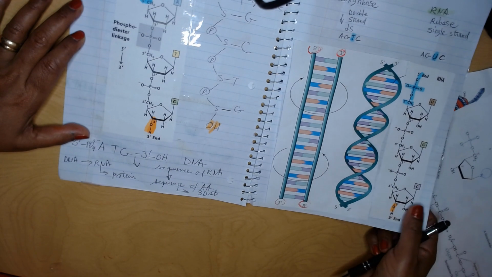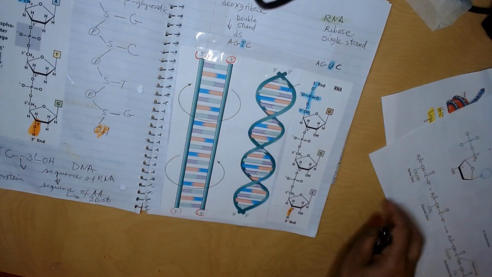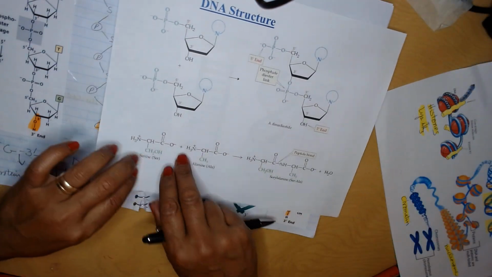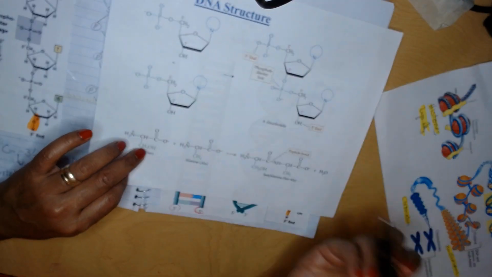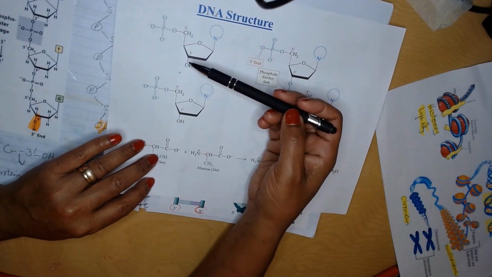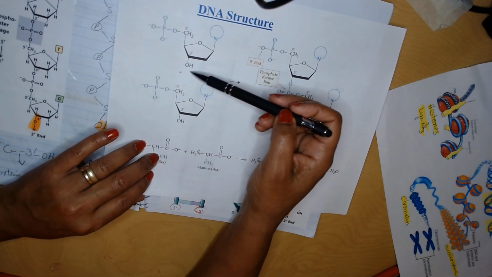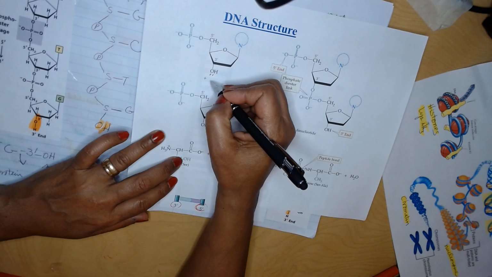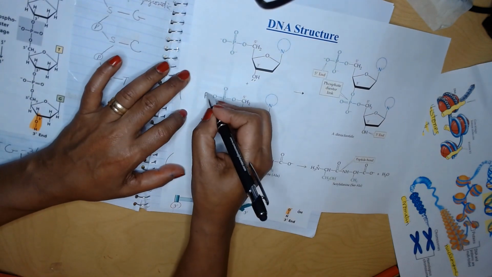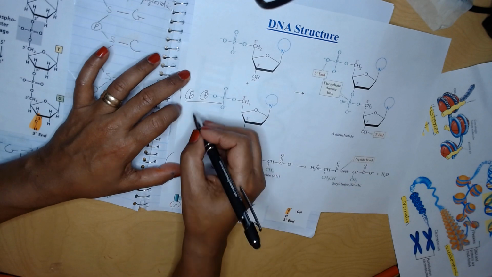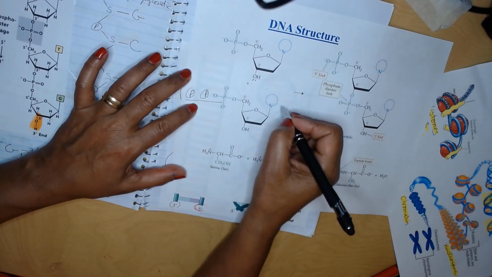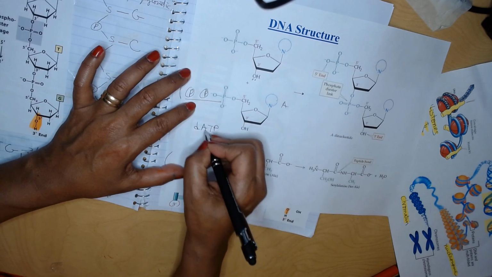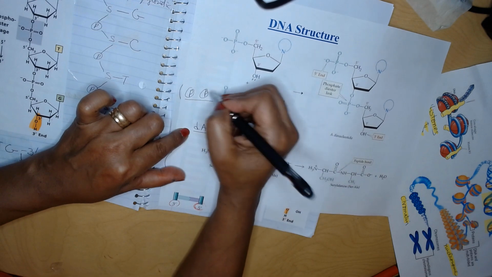If we look at the differences between DNA and RNA, we're going to start by saying, first, we understand that we are making phosphodiester bonds, and that is going to happen for both DNA and RNA. And that is nothing but the combination of a hydroxyl group and a phosphate group. That will be an SN2 mechanism, so you will have to have an activated nucleotide, that means a triphosphate. So let's say that this is an adenine. If I have an adenine, it has to be a deoxy ATP molecule, because I will need to have a good leaving group.